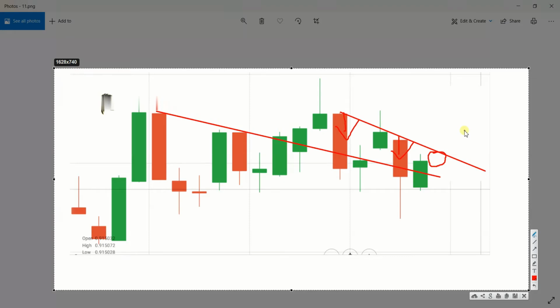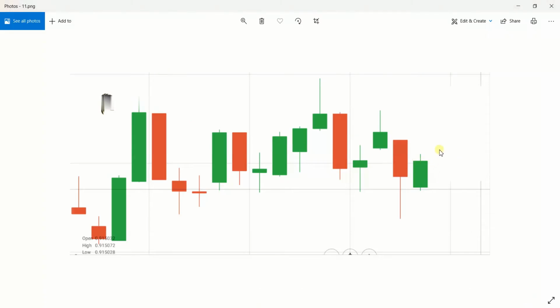We don't know, the market may fill this gap or it may reverse here, so we need to wait for a confirmation that the market closes at a level, then we can go with the sellers. But there is a gap to the levels, so we cannot open any trade. We need to wait for the next candle.